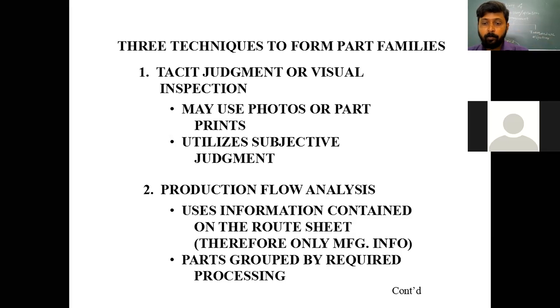Like that we have to perform the analysis. But in this case you have to see only manufacturing information. There is no information regarding the shape, the size, the color, right? So this is called the second type, production flow analysis.